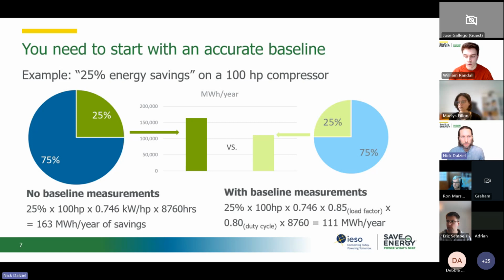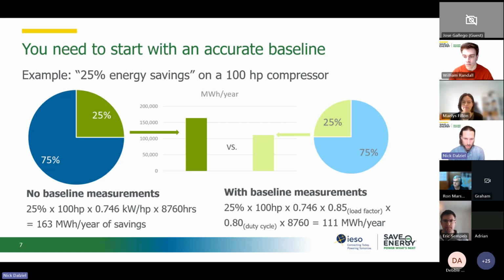The next item was making sure to develop a good baseline. Here again, an illustrative example: we have a project that's going to save 25% on a 100 horsepower compressor. If we just punch that into nameplate numbers, you can see that scenario on the left, and we'd come up with this savings number real quick. However, perhaps through data available or just better, more conservative estimates, we would ask ourselves, how's that motor really running? How loaded is it? What's the duty cycle of this system?